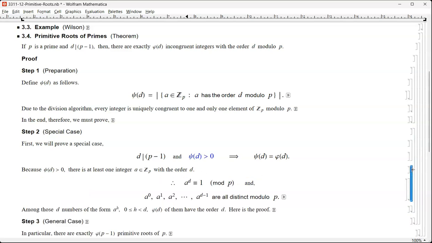For this a, we have this property. a to the d power is congruent to 1, of course. Order is d, and this d is minimum, so 0 power, first power, second power up to d minus 1, none of them is congruent to 1, but also they're all distinct modulo p. Remember this? The distinctness property 1.3.